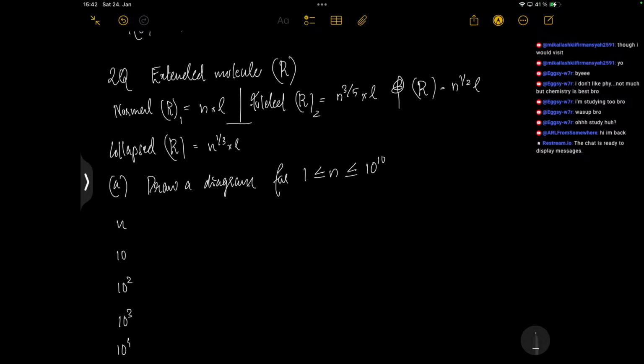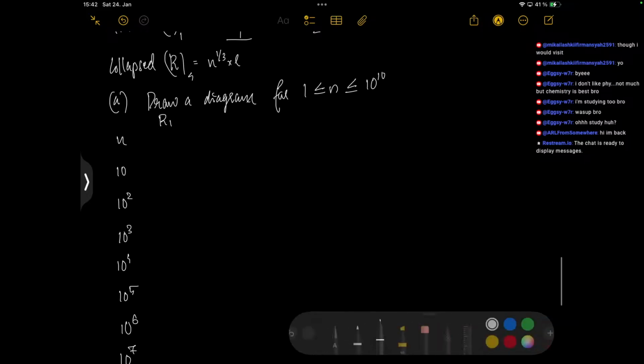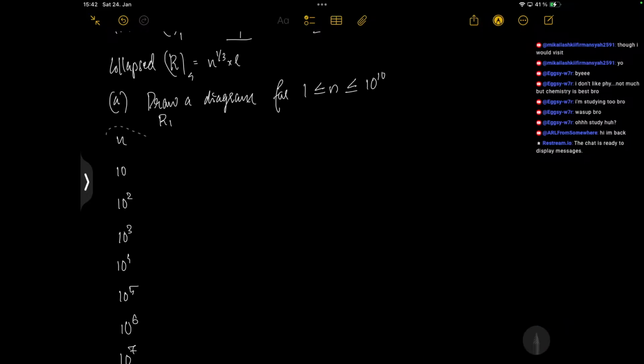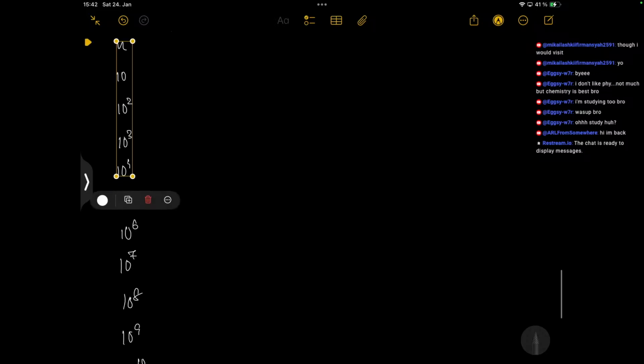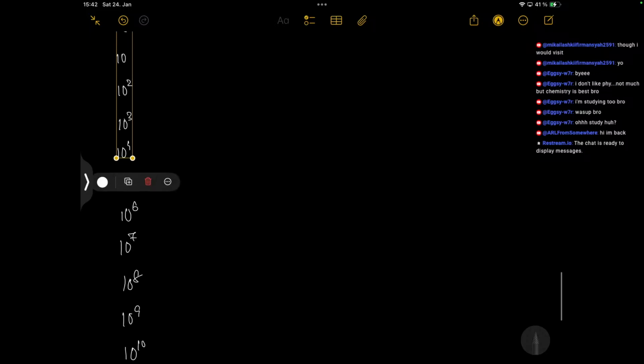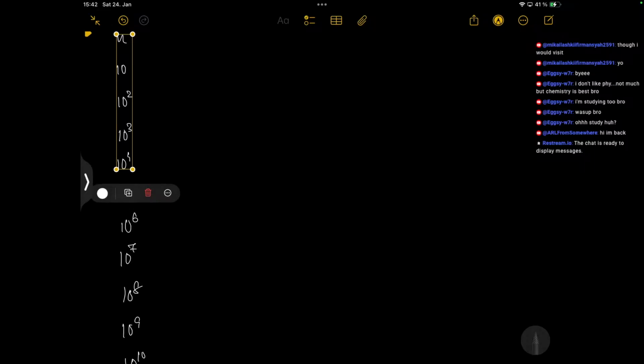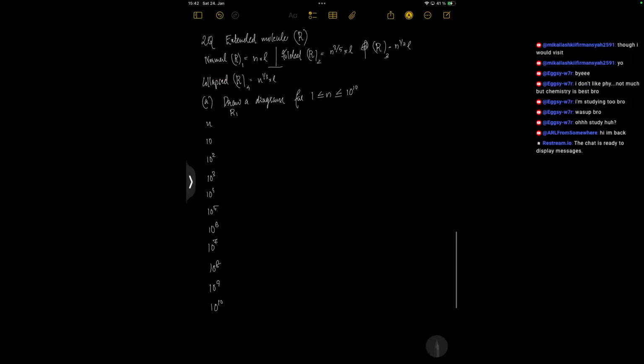R: 1, 2, 3. Oh, you know what? I could make it a bit... Fuck. You know what? We got solutions.